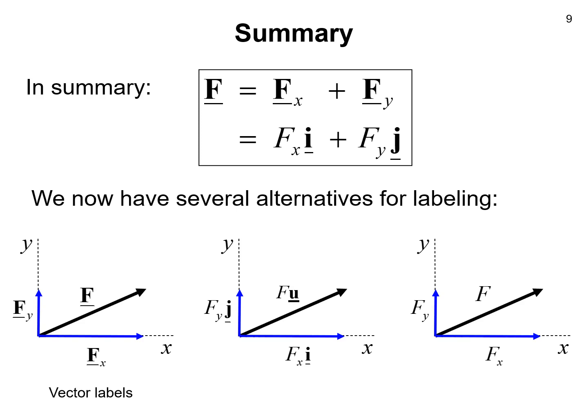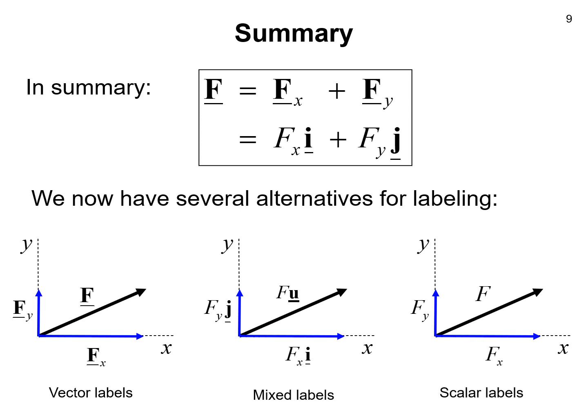On the very left side, the total vector is expressed in terms of vector component symbols, f vector x, f vector y. In the middle diagram, we have what I'll call mixed. We basically have each component with a magnitude, but explicitly written multiplied by its unit direction. So fx times i, fy times j. And the total vector is now its magnitude f multiplied by some unit vector u.